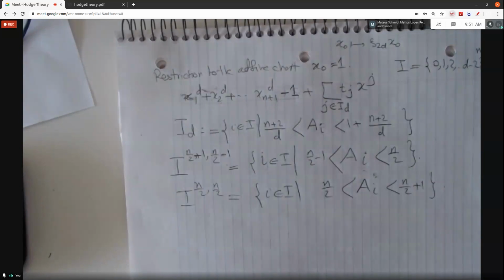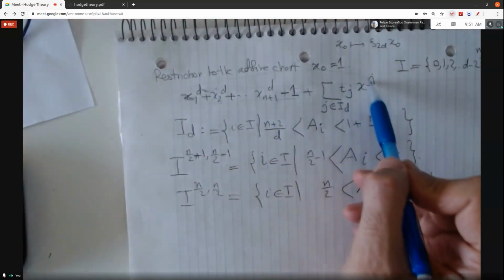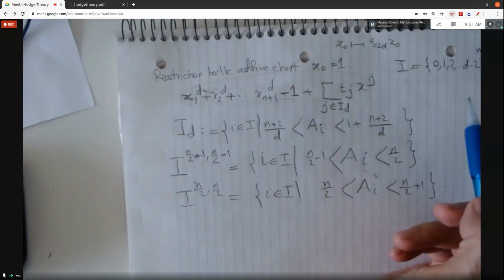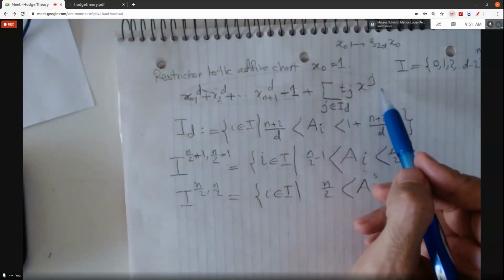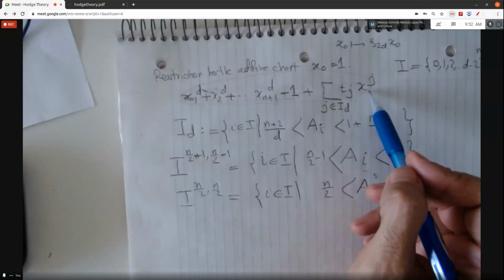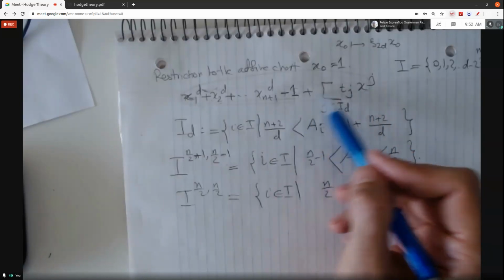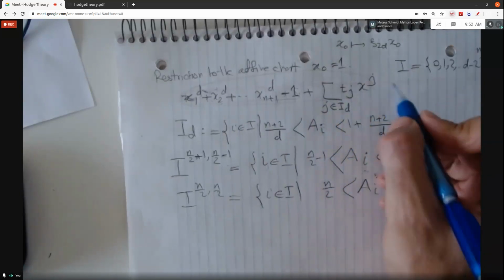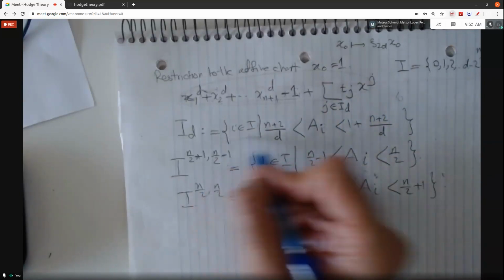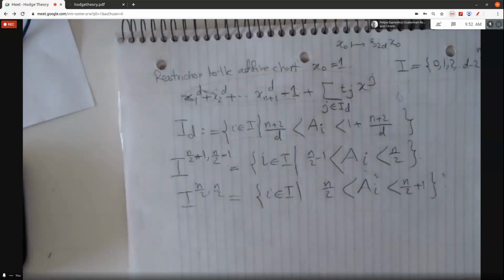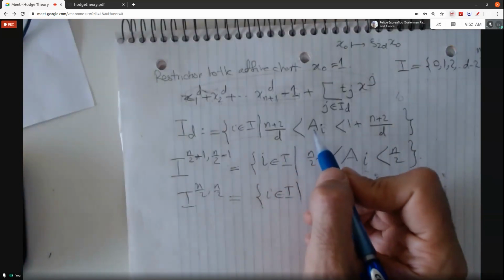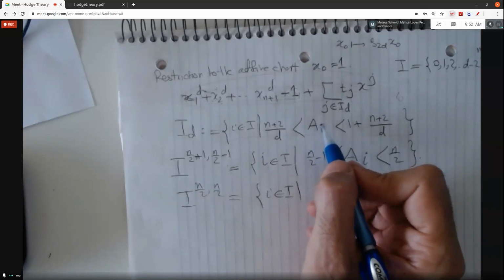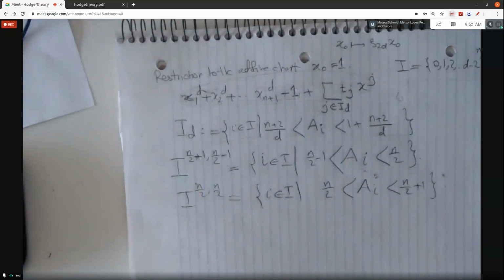Anyway, what I'm saying now, this deformation of the Fermat variety that you see here is just the previous deformation that I wrote in the previous page, but I restricted to the affine variety. So the previous I_D, when you neglect this I_0 coordinate, then you will get this one. Remember that the monomials of degree d and the power of each x_i was between 0 and d minus 2.